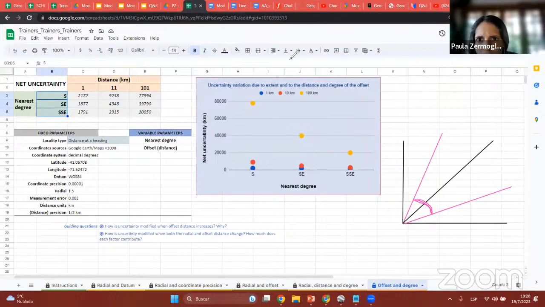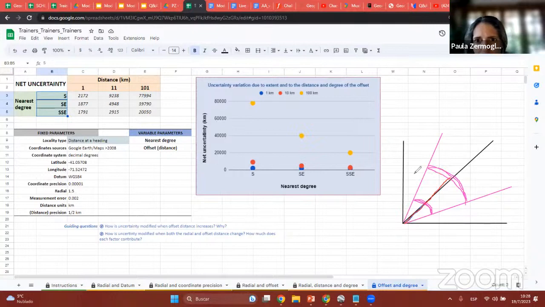Now see what happens if we move further. Here I moved 1 kilometer northeast, and this is my uncertainty here. Now, if I move 10 kilometers northeast, I will be moving up here. And see what happens with the associated uncertainty. It's much bigger. Even though I have the same direction, the same precision in the direction, as I move further, I get a larger uncertainty.